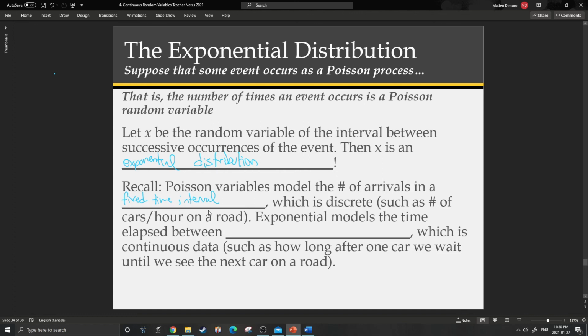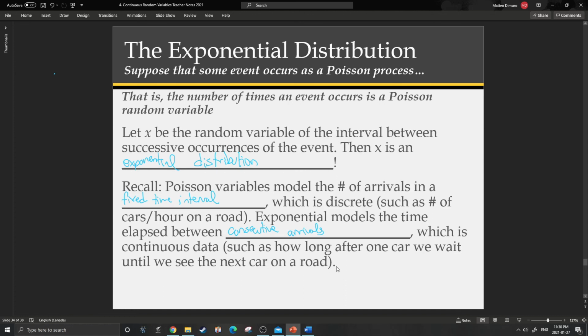So if I say there's like 5 cars per hour go by my house, I live out in the country, that's a Poisson random variable. Exponential distributions model the time elapsed between consecutive arrivals, which is continuous data, such as how long after one car we wait until we see the next car on the road.